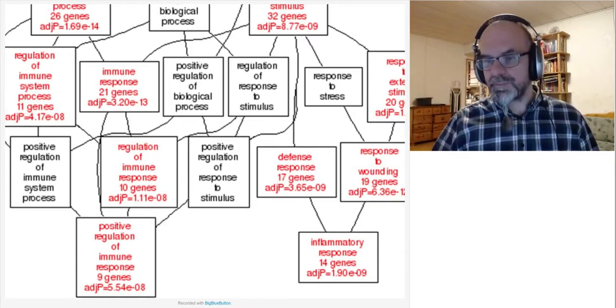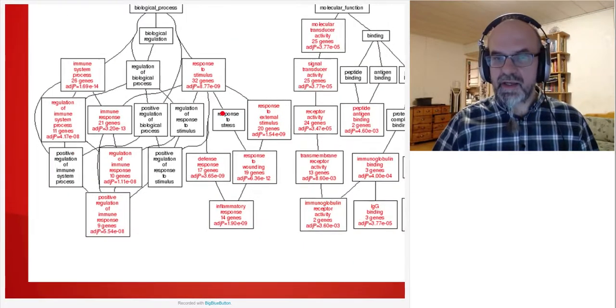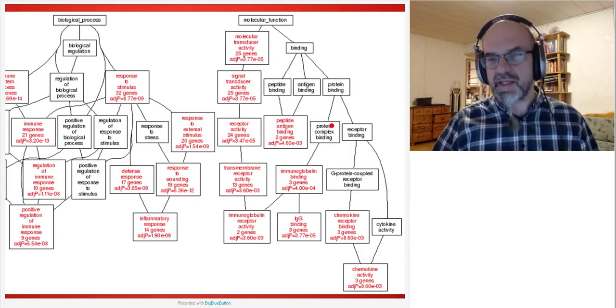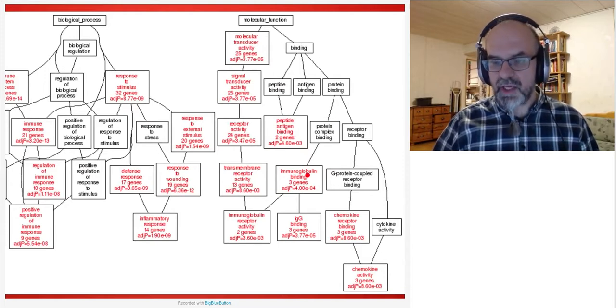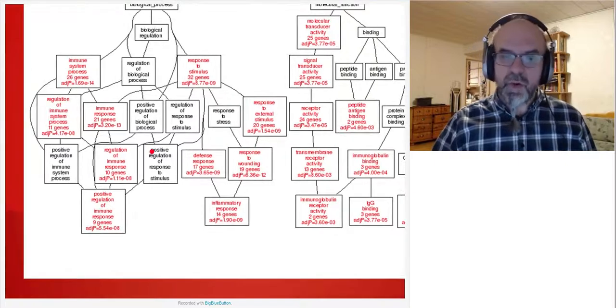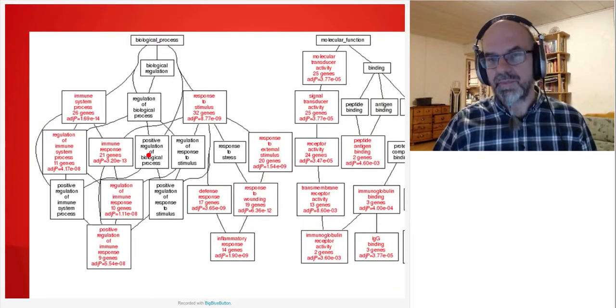Now, this structure is very specific. It's not just a tree. You can see that there are certain terms at lower level which can belong to multiple higher level categories, and obviously a higher level term can have multiple lower level terms.